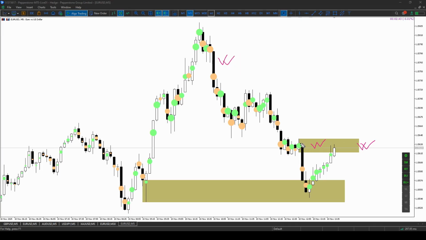Like in here, many retail traders are going to open their sell positions, stop loss in here, maybe TP around in here, right? But they are going to hit SL easily.